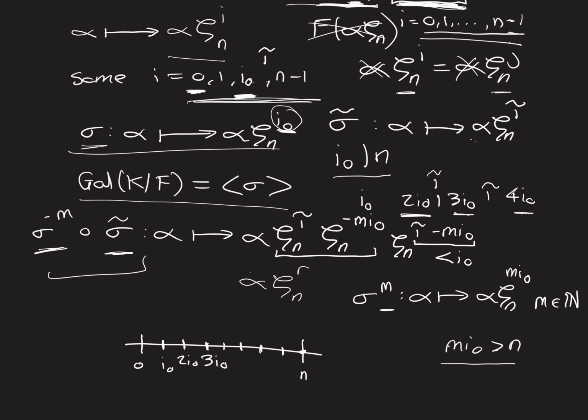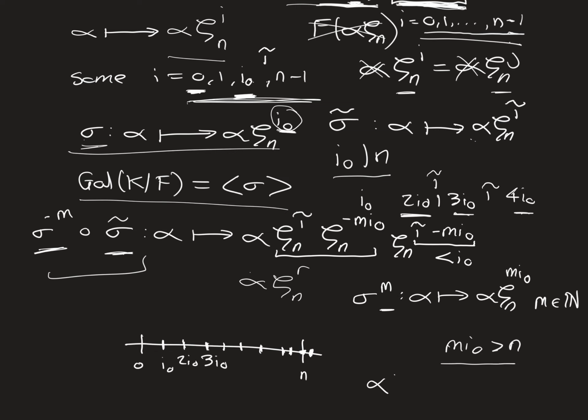So in this picture, this would be 4, 5, 6, 7, this would be 8. So 8I0 would equal n in the case of this picture. But if that didn't happen, if instead the last one fell here and then the one immediately above fell here, the problem is that that would then correspond to a power. What would that be mapping alpha onto?